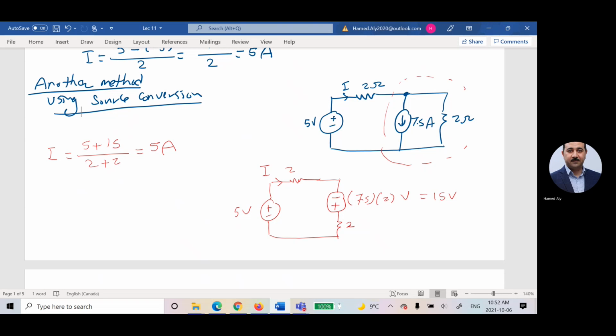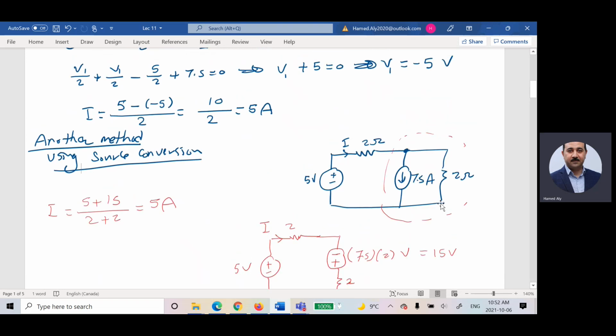If you look at this circuit, this is a very, very simple circuit. It has only one current source. Am I going to give you something like that for the final exam? Maybe, but there should be more than one source. We can convert 2 sources till we reach the required circuit.